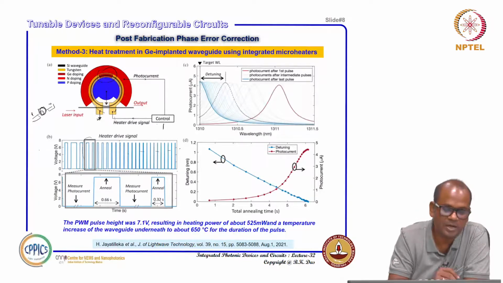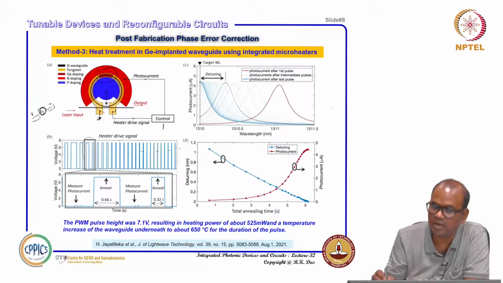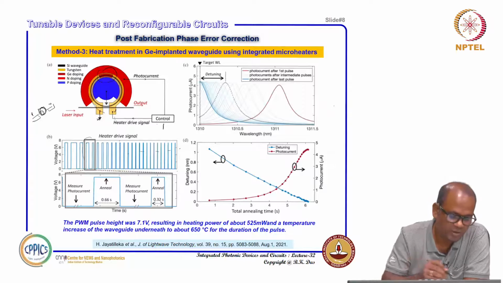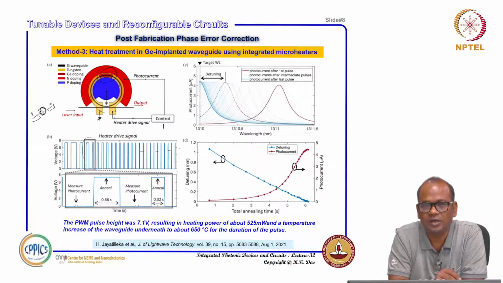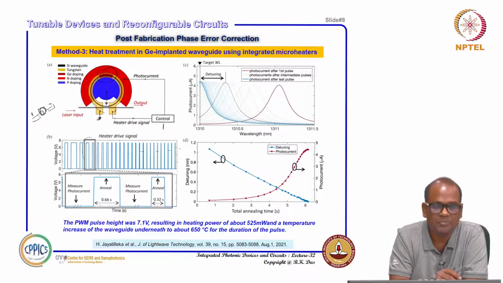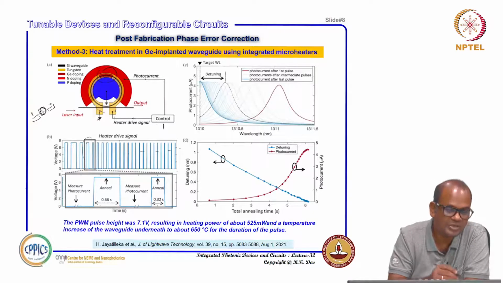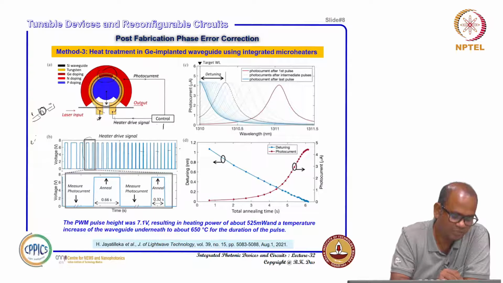In this case, this waveguide was designed to operate around the 1310 nanometer O band. At 1310 nanometer, silicon is normally supposed to be transparent, but because of the defects etc., some defect states will absorb the photons operating at 1310 nanometer. Then it will create some electron hole pairs.